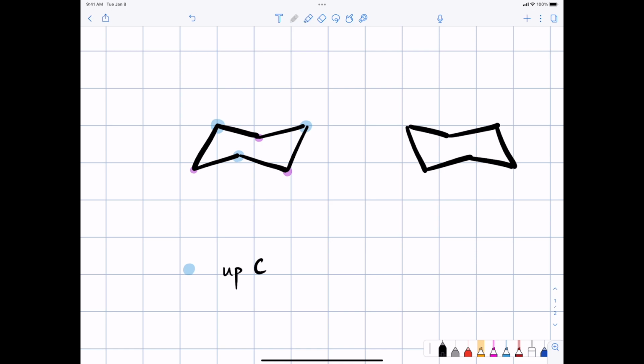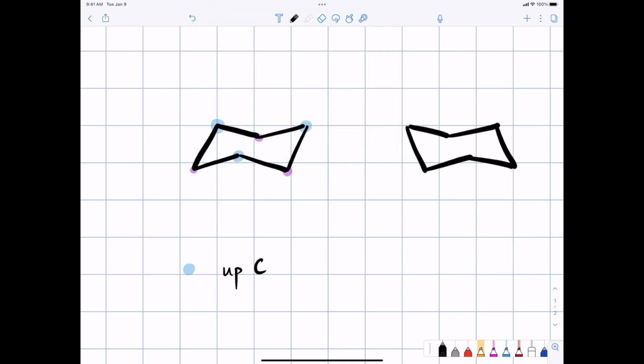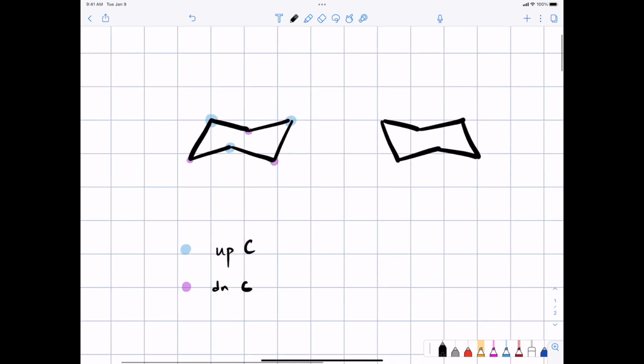And on the up carbons, now we're going to draw the substituents. On the up carbons, we're going to draw, let's just do cyclohexane, a carbon-hydrogen bond pointing straight up towards the top of the page.